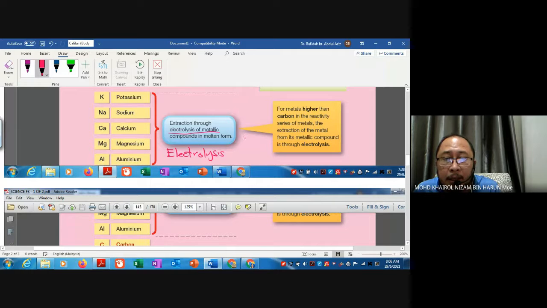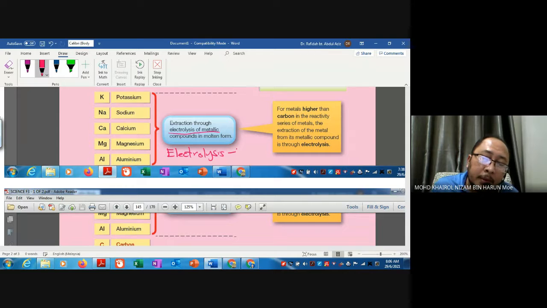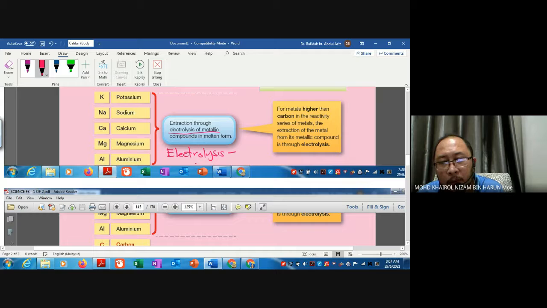Electrolysis. We are using electric current and the electric circuit, and then we put it into the melt of this ore, and then what will happen is, based on the electric current that is produced, we can separate the components that make up the compound itself.